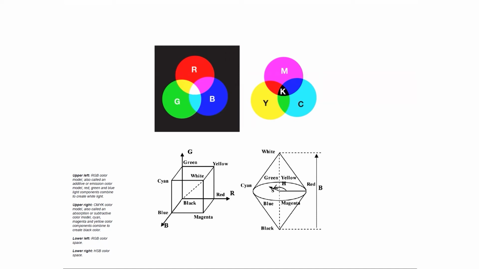When we talk about color in the digital realm, we can talk about this additive or emission color model like RGB, where we have red, green, and blue primary colors in light. We can mix these lights together, and we get these secondary colors, and that's basically how color on your screen is created.